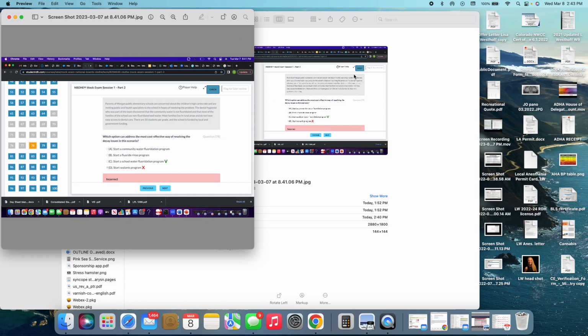I'm partial to sealant programs myself, so I like that you're thinking about them because they're very beneficial. But when we're talking about cost and we're looking at a list like this, your school water fluoridation program is going to be the most cost effective for helping with decay issues. All right?